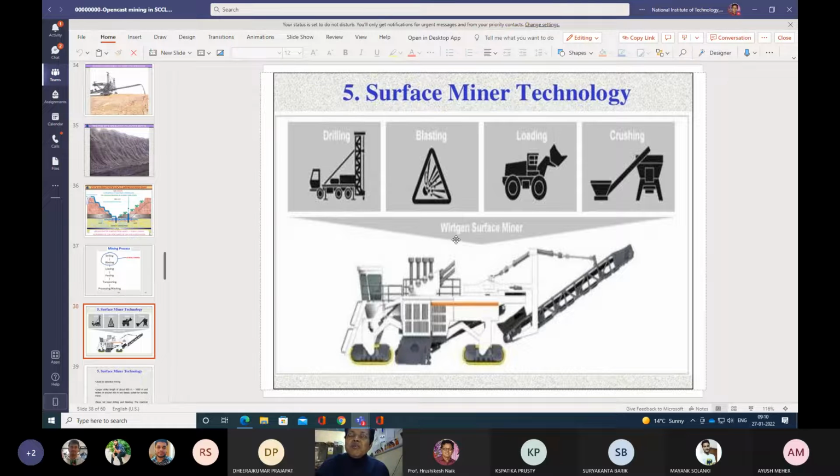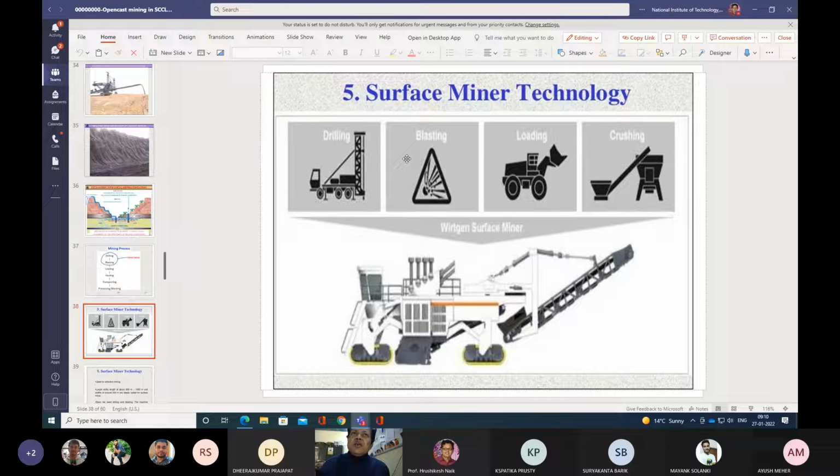This machine, manufactured by Wirtgen Surface Miner, is capable of doing all these operations. So these four machines, drill machines, explosives, loading machines, crushing machines, are not necessary in a surface miner. So this is the advantage of using the surface miner.